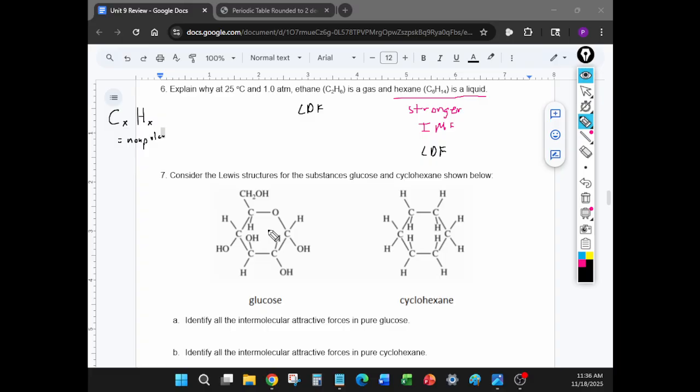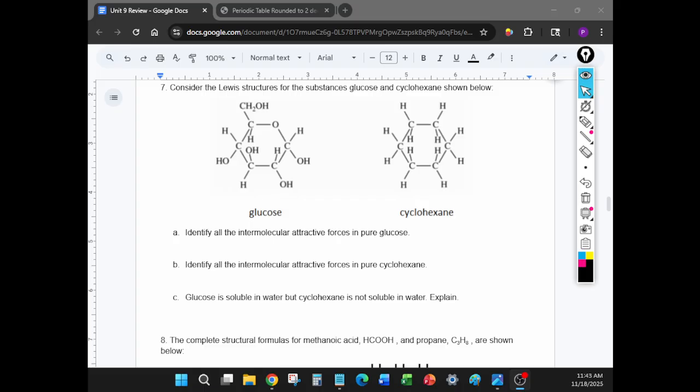Why does hexane have stronger London dispersion forces? Exactly. You can say bigger, larger, higher molar mass. Any of those answers will be fine. So you would basically say that ethane and hexane both only experience London dispersion, but hexane, since it is bigger, experiences stronger London dispersion forces. Okay?